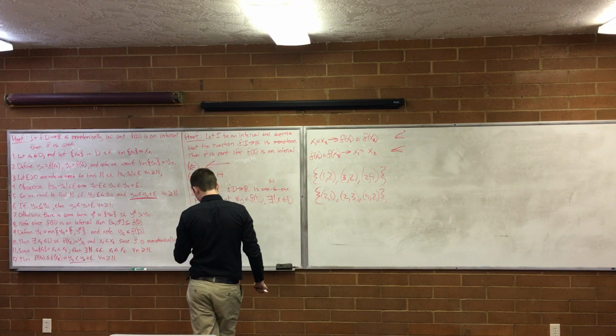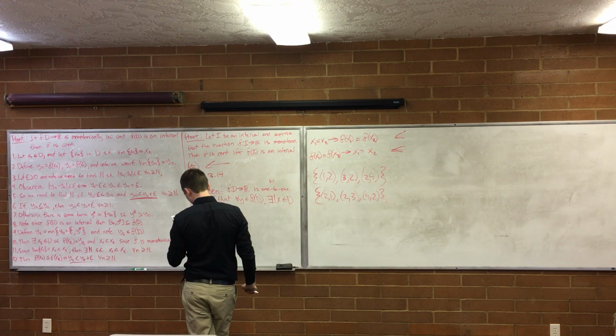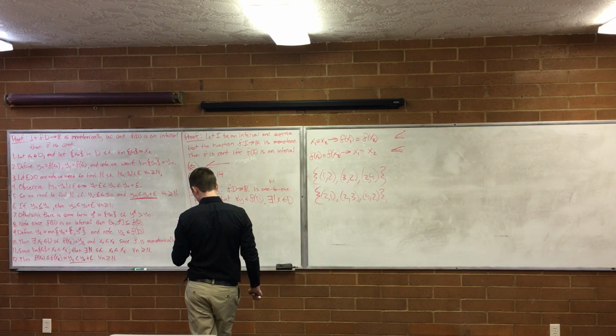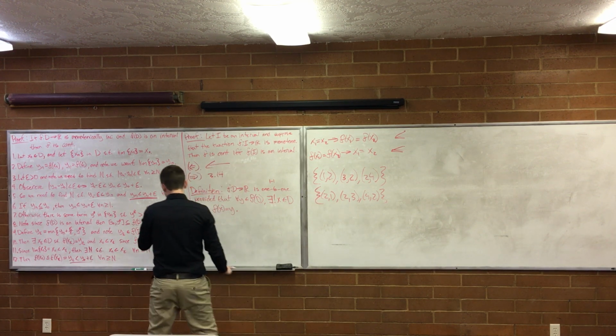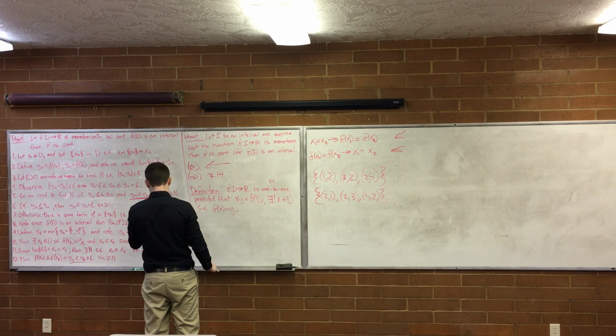For a function f to be one-to-one, by definition, if y is a point, there's exactly one point x in D such that f of x equals y. Okay, and then we have an inverse function.